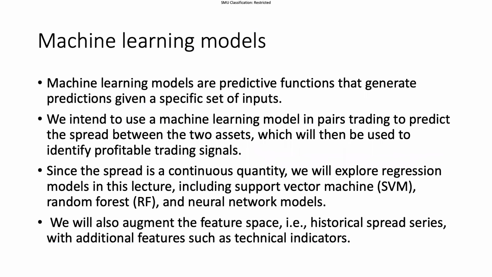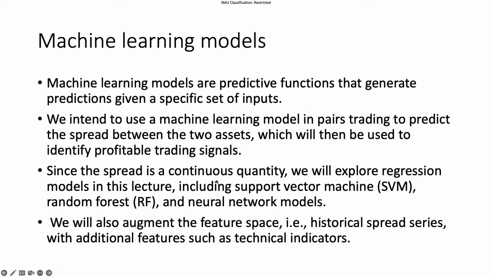All right, so let's talk about what a machine learning model is. A machine learning model is a predictive function. So it's a function that maps a given set of data to a given set of predictions. In this case, we're going to predict the daily spread, and the spreads will then later be used to identify the profitable trading signals.